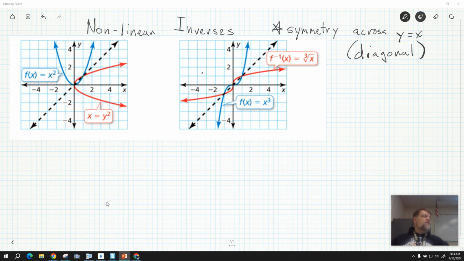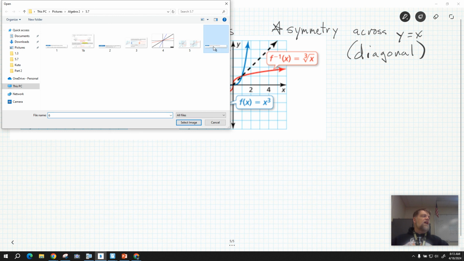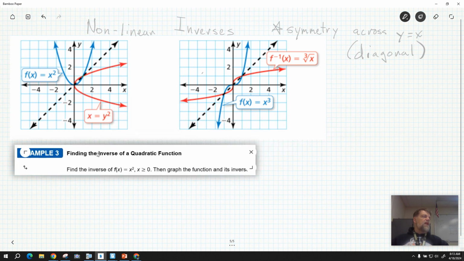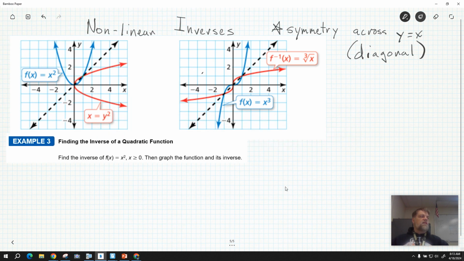All right. So what I'd like to do for example number 3, and we already know how this is going to look, but I want to go through the process and determine some things and see how the graph looks, okay? So how do we do this process?